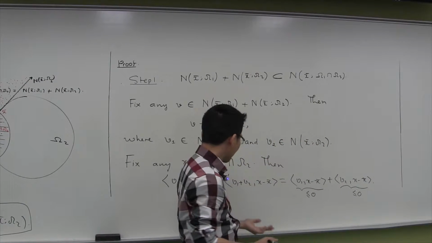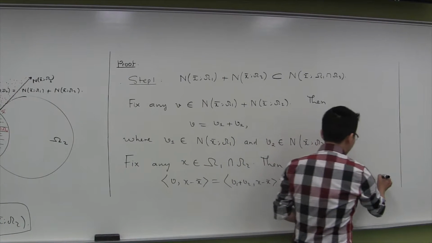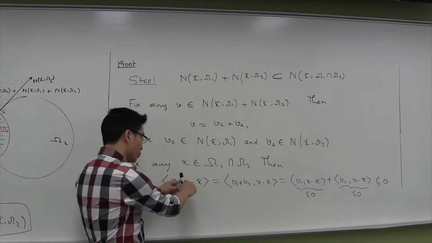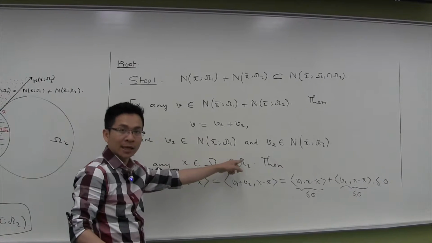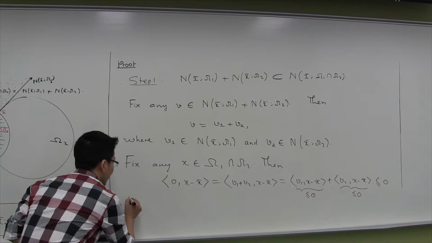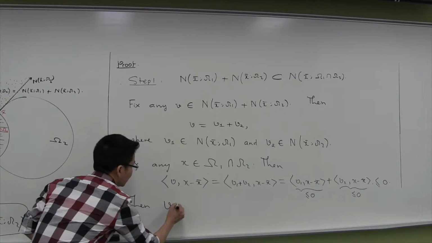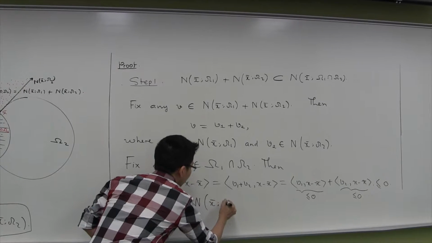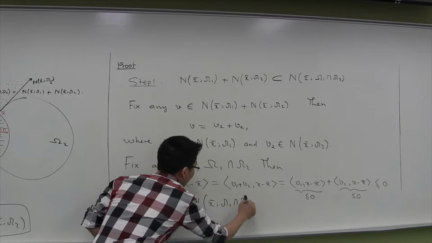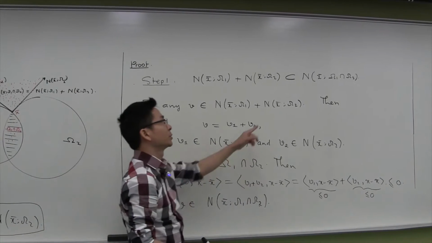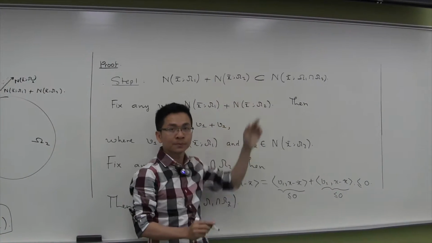We end up having that the sum is less than or equal to 0. And because this is true for all x in this intersection, by the definition of the normal cone, we have the following. Then v belongs to the normal cone to the intersection of omega 1 and omega 2 at x bar. So we have completed the proof of this inclusion.